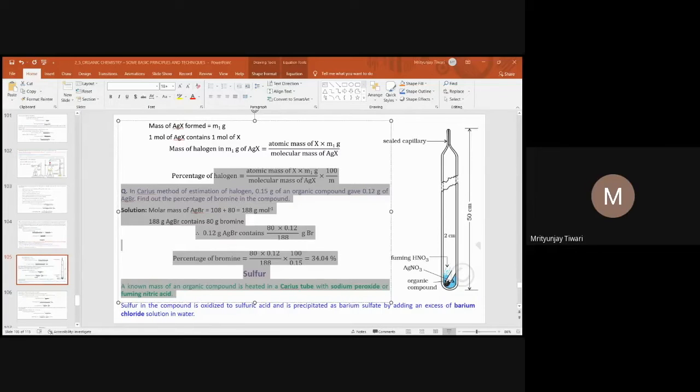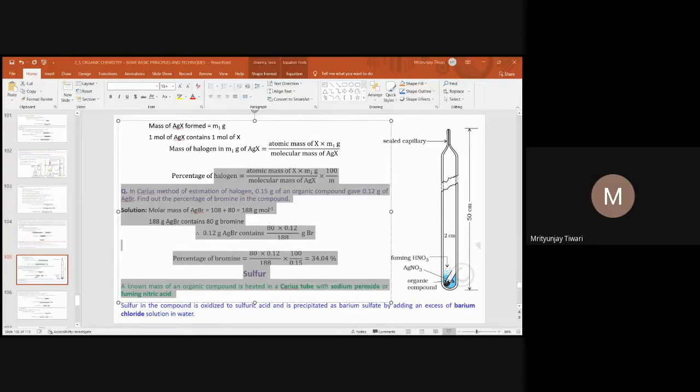So 233 grams of barium sulfate contains 32 grams of sulfur. Therefore, m1 grams of barium sulfate will contain 32 divided by 233 into m1 grams of sulfur, and from here we can get the percentage of sulfur.